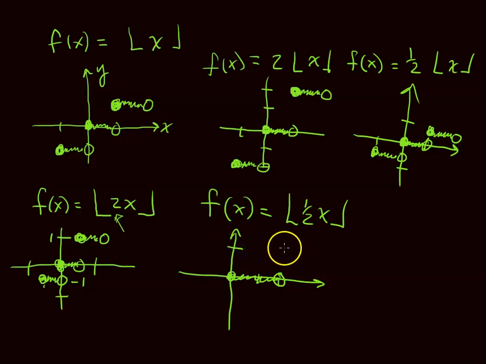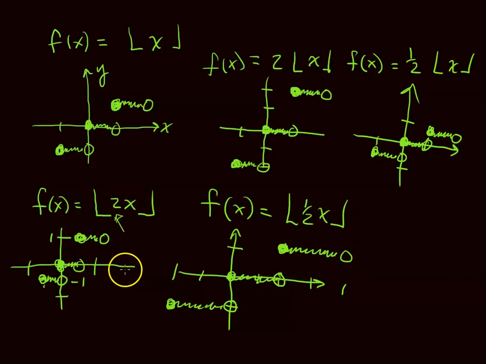It still goes up 1 unit, but the width of the step now is stretched to 2. It still goes down 1 step, but now the width is stretched to 2. So 1/2 would be a horizontal stretch inside the function.